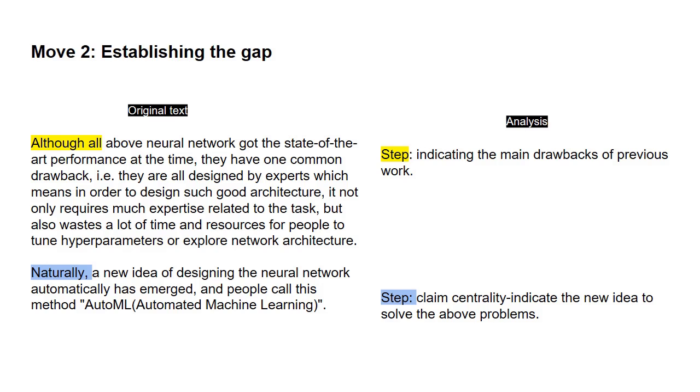So here is the gap: this new method, AutoML, can solve the problems mentioned above. The second sentence claims the centrality, indicating the new idea to solve the above problems.